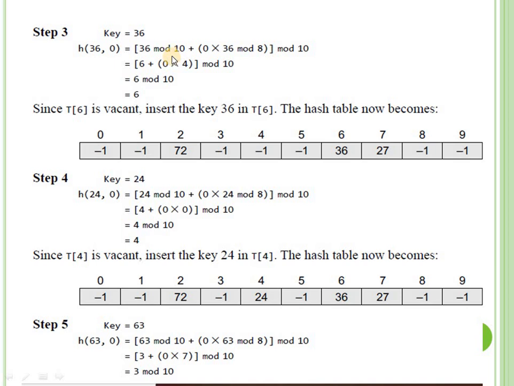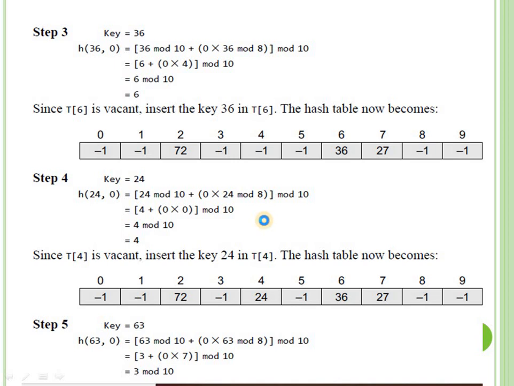Yes, ma'am. Now 6 plus 0 into 4 mod 10. Here 0 into 4 is 0. So 6 plus 0 is 6, and mod 10 we get the answer 6. So we have to check whether T of 6 is vacant or not.